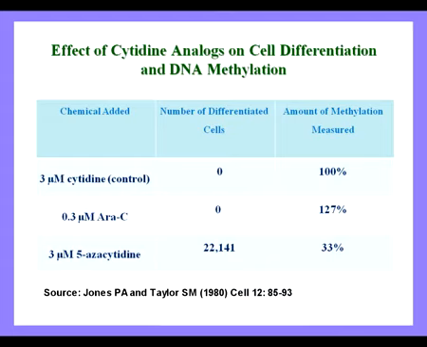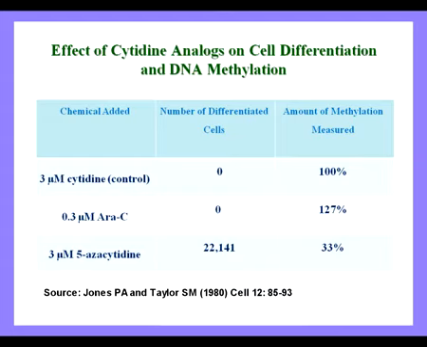Another set of samples was 0.3 micromolar arabinose cytosine, which is another analog of cytosine and also acted almost like a control. Here also there was no differentiation and 127% methylation was measured. Why 127? That shows that there were some cytosines other than CpG islands which also got methylated.